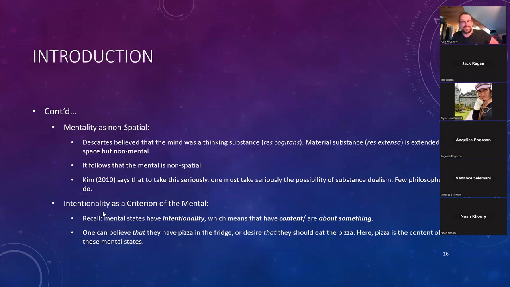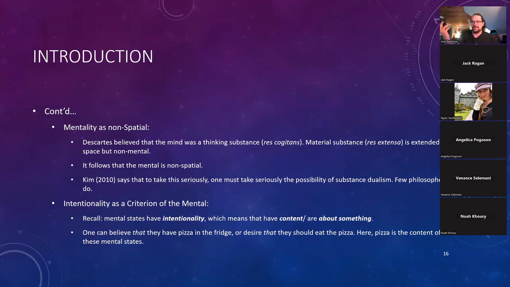Maybe intentionality is the mark of the mental. This is probably the biggest candidate we're going to talk about today. Remember, mental states have this property we call intentionality, and that means that they have content or that they are about something. They have this aboutness to them. Like if I believe that it is raining, the content of my belief is what follows the 'that.' So 'it is raining' is the content of my belief.